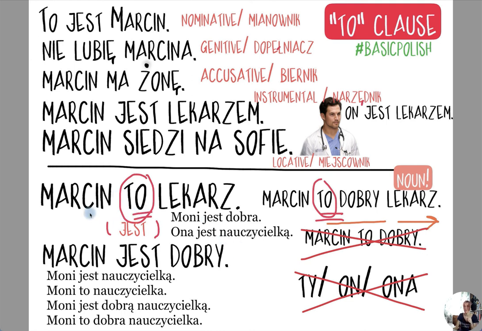So for instance, James to Amerykanin. James is an American. Who is who? Amerykanin, a noun. So it's fine. Jenny to pielęgniarka. Jenny is a nurse, right?